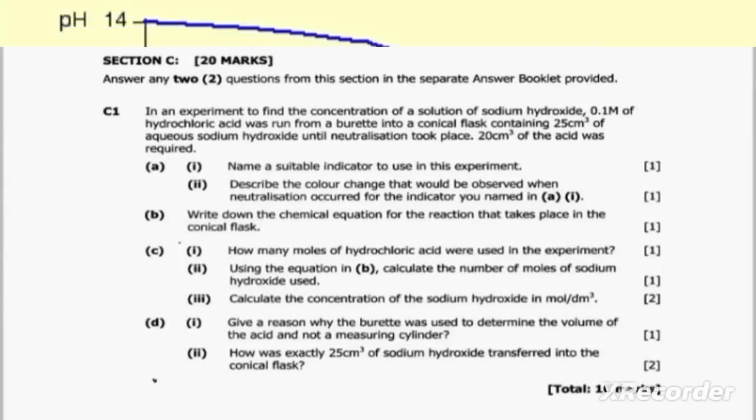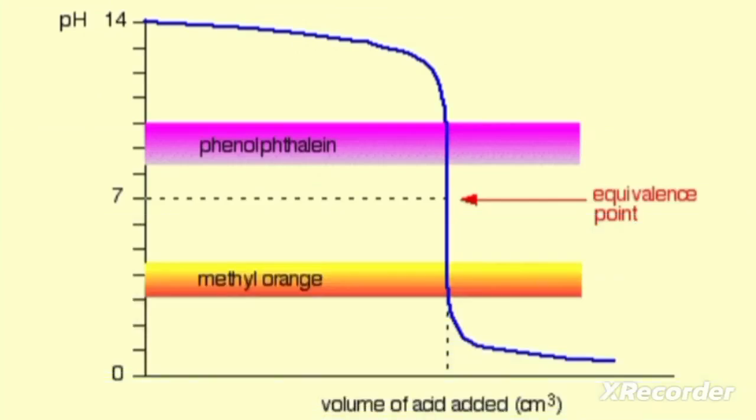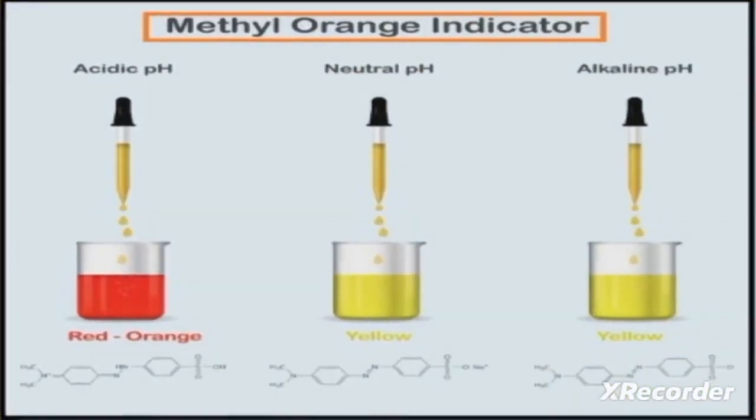The methyl orange is orange in color. If the neutralization reaction has taken place, the orange color will change to yellow. The orange color is showing acidity, and yellow is showing the neutral point, or the neutral pH, which is 7.